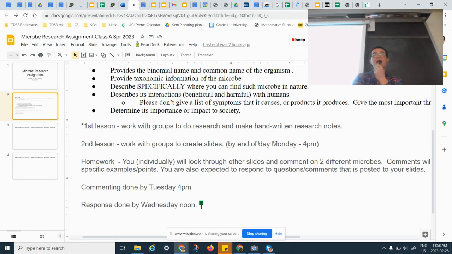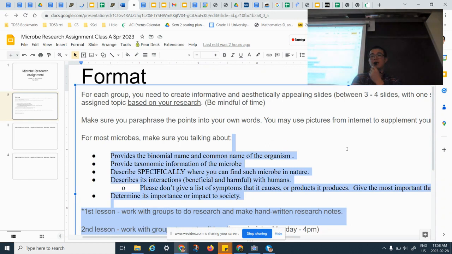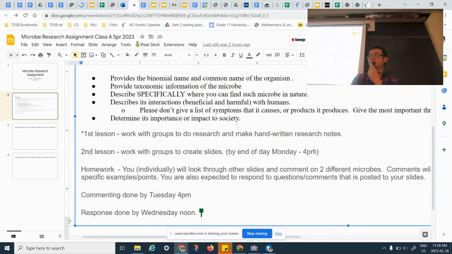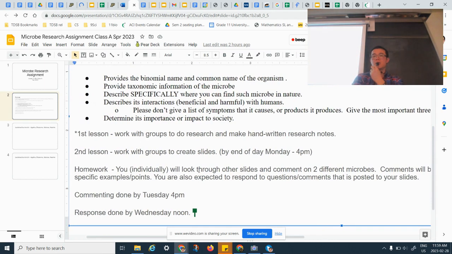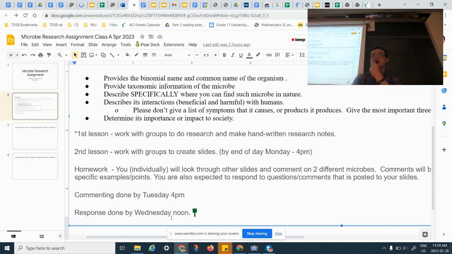The slides will need to be created by end of the day next Monday, 4 p.m. And as homework afterwards, you will start looking through other people's slides, commenting on at least 2 microbes. Commenting is to be done by Thursday at 4 p.m. Response needs to be done by noon. Okay? So that's the timeline for this assignment.